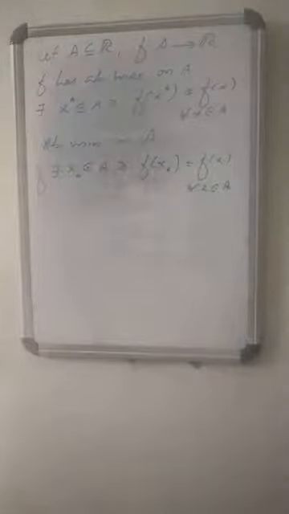So f has an absolute maximum on A if there is x star in A with f of x star greater than or equal to f of x, and an absolute minimum means x star in A with f of x star less than or equal to f of x for all x in A.